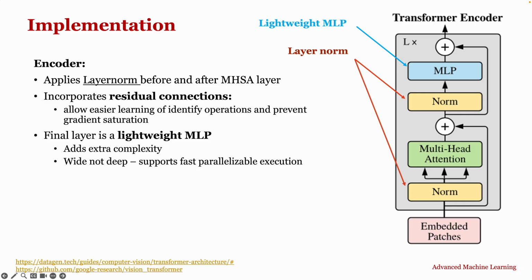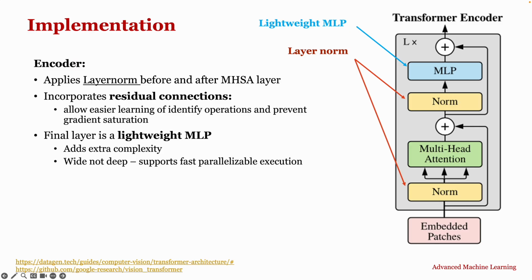So putting this all together, one block from the transformer encoder layer normalizes the inputs, segments the tokens, pushes these through the multi-head self-attention or MHSA operations, recombines, then pushes them through another layer norm to a lightweight MLP, which is wide, not deep, to support fast parallelizable execution.